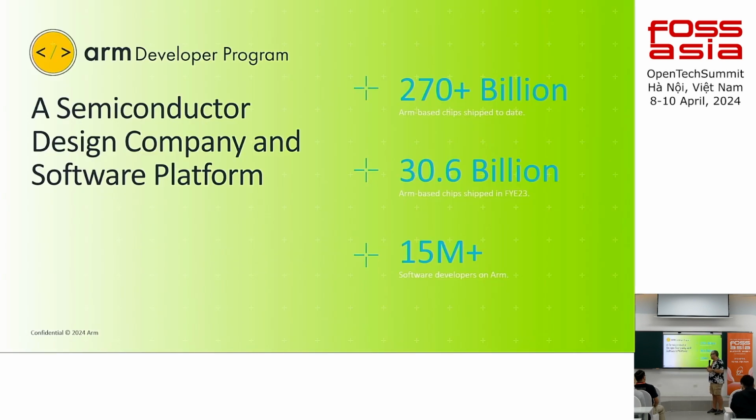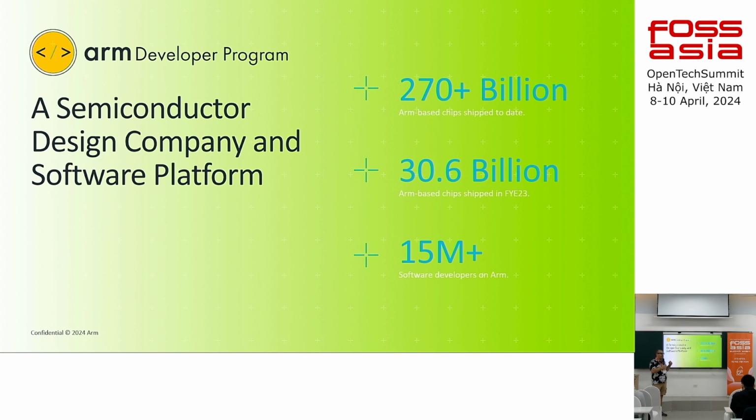So, how many people know about ARM? Does anyone? No? So we've got a couple. Cool. So just in case you don't know who ARM is, we're a semiconductor design company. We don't make anything. We come up with IP and ideas, and we get paid for those ideas, which is brilliant.